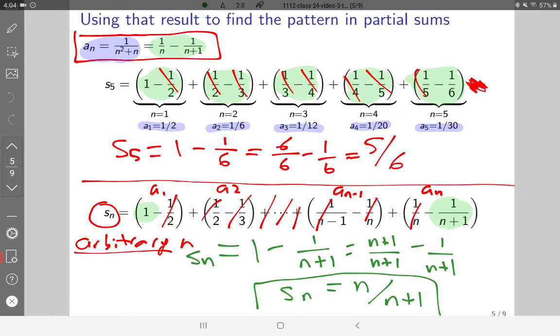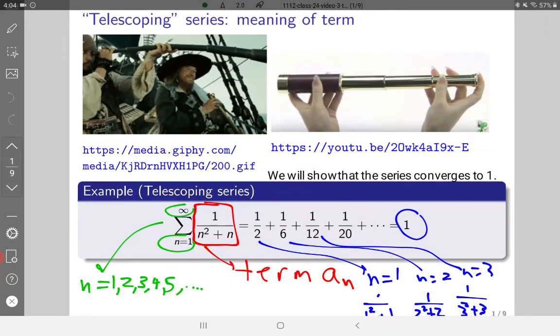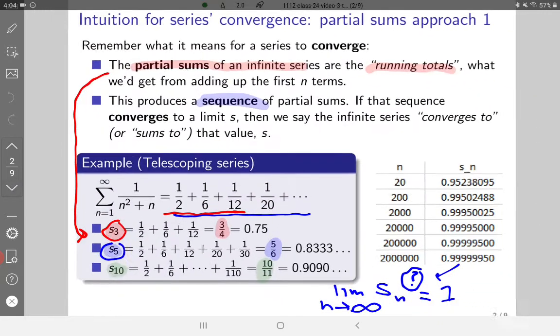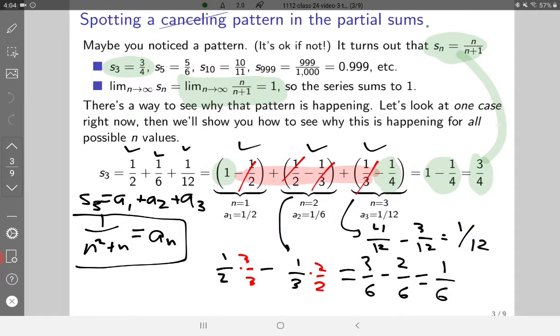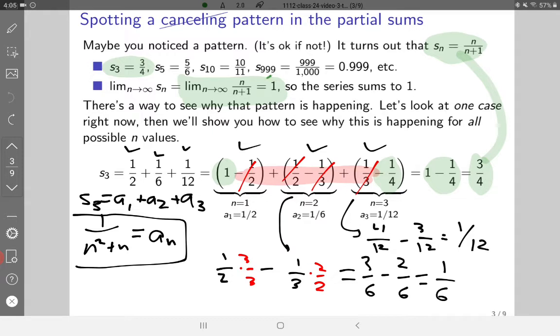And so let's jump back to what we were supposed to conclude about this series. This adds up to 1 because the nth partial sum turns out to be n over n plus 1, and the limit as n goes to infinity, taking more and more terms, a longer running total, adding up more and more terms for the series, makes the running total, the partial sum, get closer and closer to exactly 1, and that's what it means for the series to sum to 1.